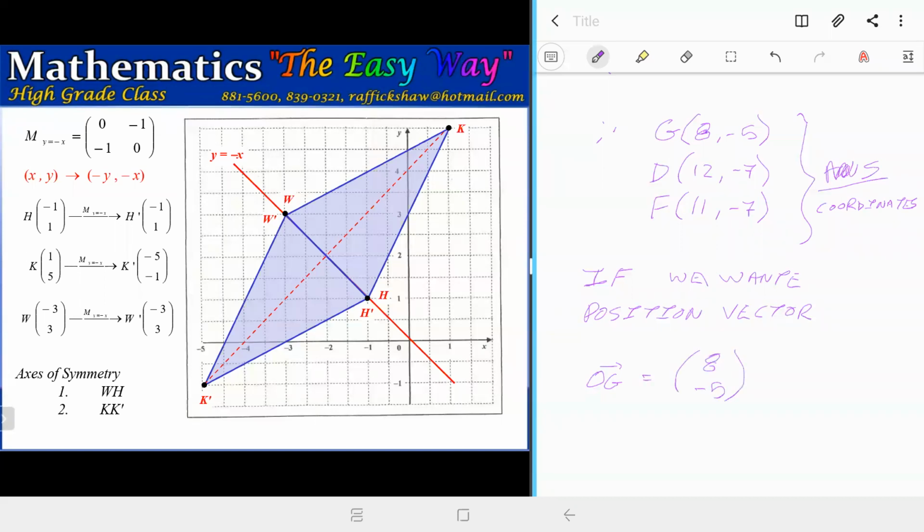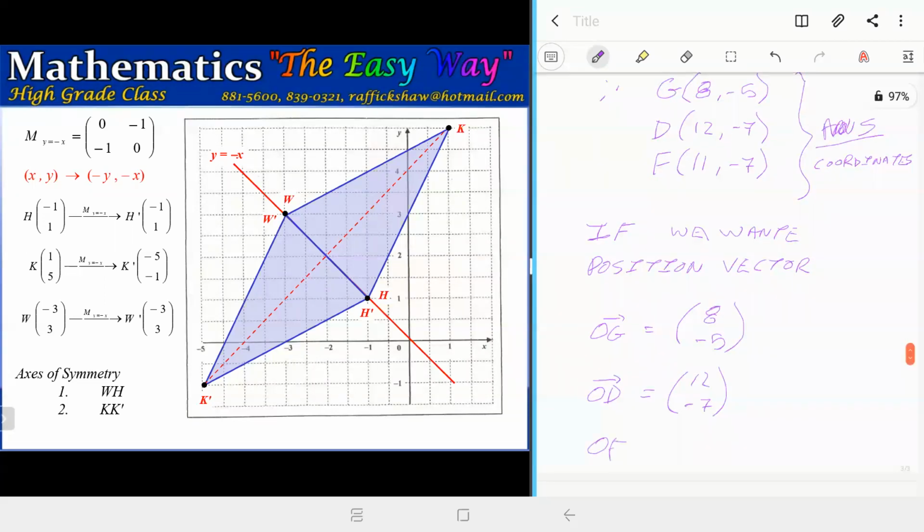That's how you really write it. OD with the arrow on top because it is a vector is 12, -7. And OF is 11, -7. Or if you want, you could just write these if they wanted the 3 position vectors. But that's the proper way to write a position vector, which we're going to learn in the next topic.